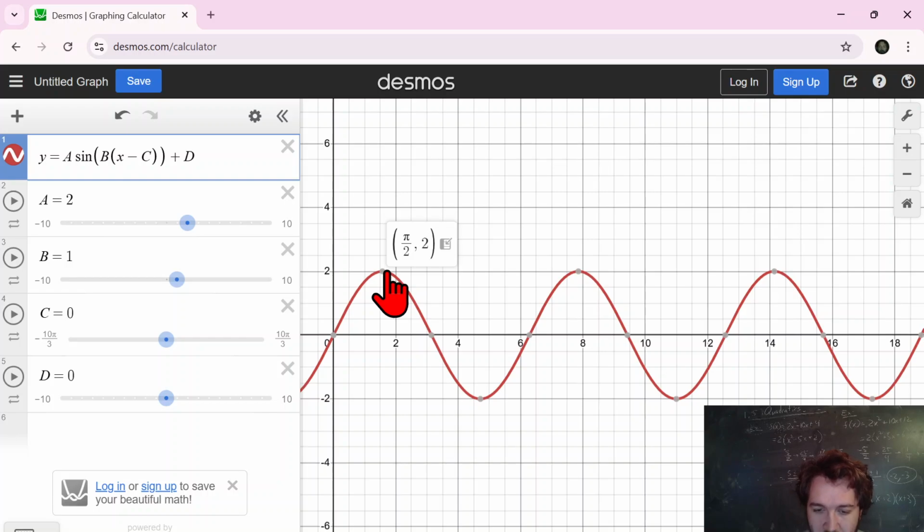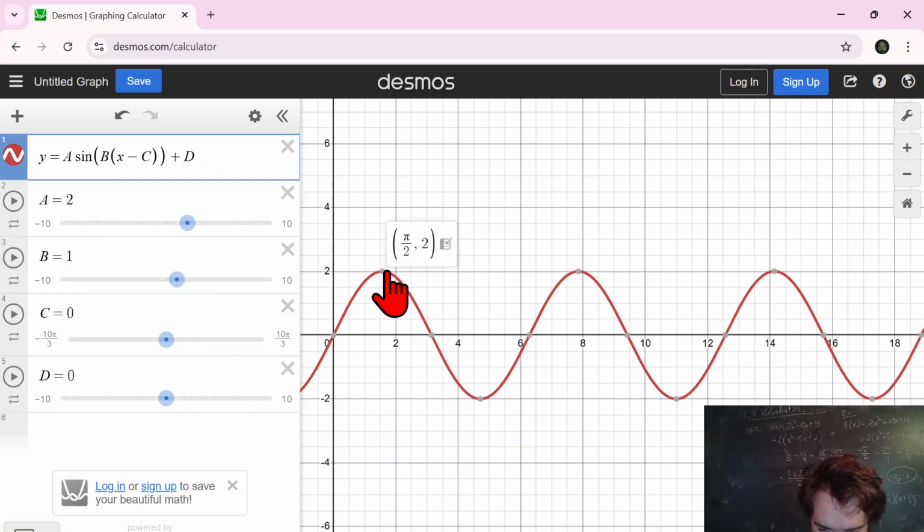So what the a value secretly does, it is the amplitude of the sine wave, or in other words, it is how high up from the midline that the sine wave goes. And it is also referring to the radius of the circle that this sine wave is generated off of. So this is a circle with radius 2. When we are at 90 degrees, the value of sine will be 2.